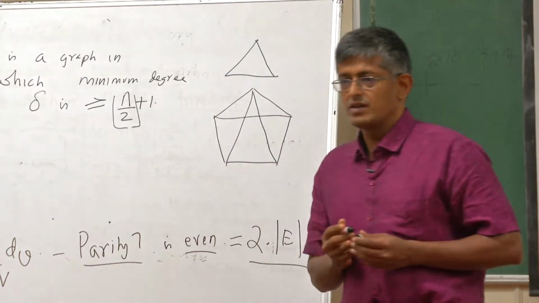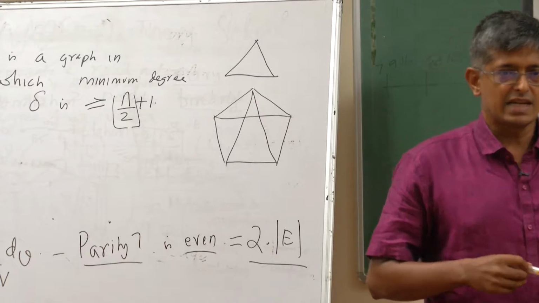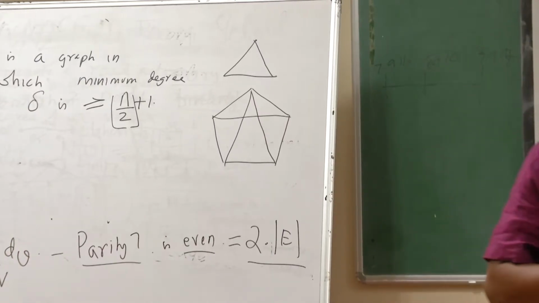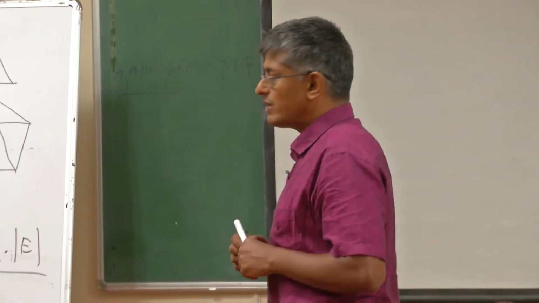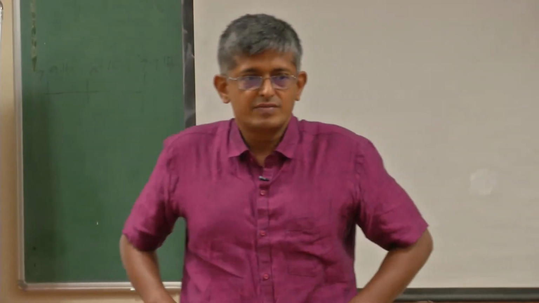So in this graph, the degree of every vertex is at least floor of n by 2 plus 1. There is one vertex whose degree is strictly more than the floor of n by 2 plus 1, which is that top vertex, which has 4, but floor of n by 2 plus 1 is equal to 3. Now the question is, what can you say about this graph?